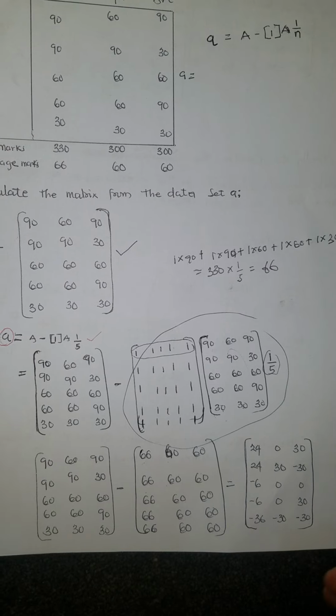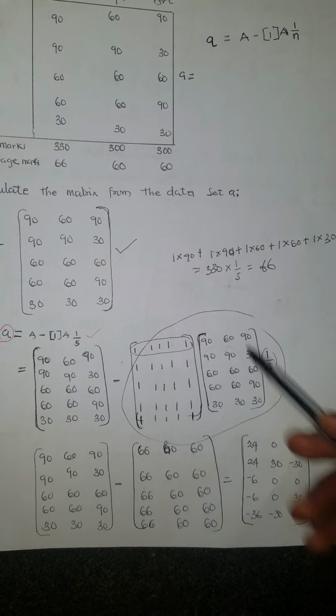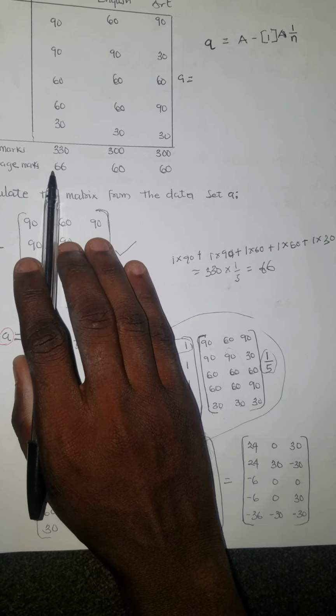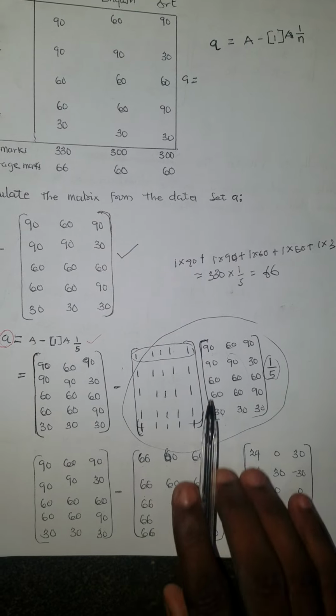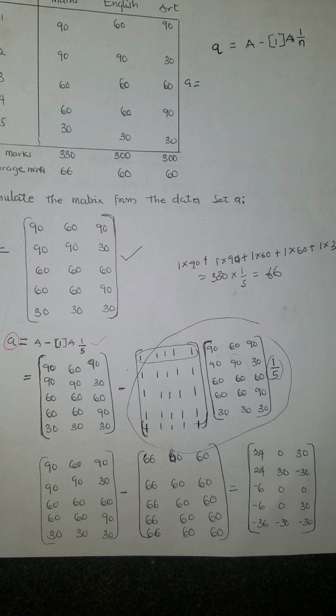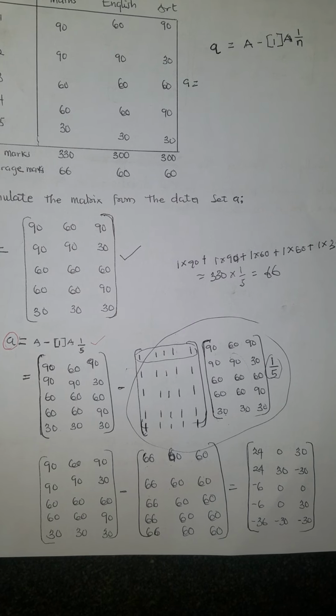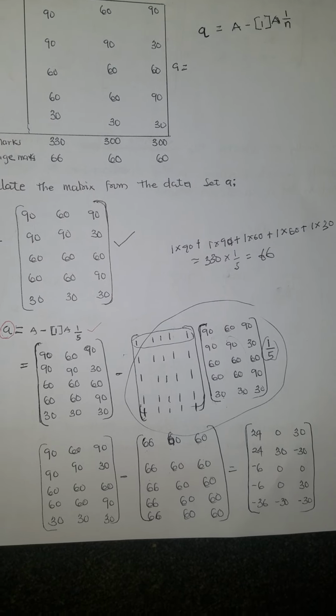So what you need to do is that you don't need to do this whole thing. You just need to know the mean from the question. Then when you get to this place, just substitute the mean the number of times of the number of rows we have in the matrix, and then you are good to go.